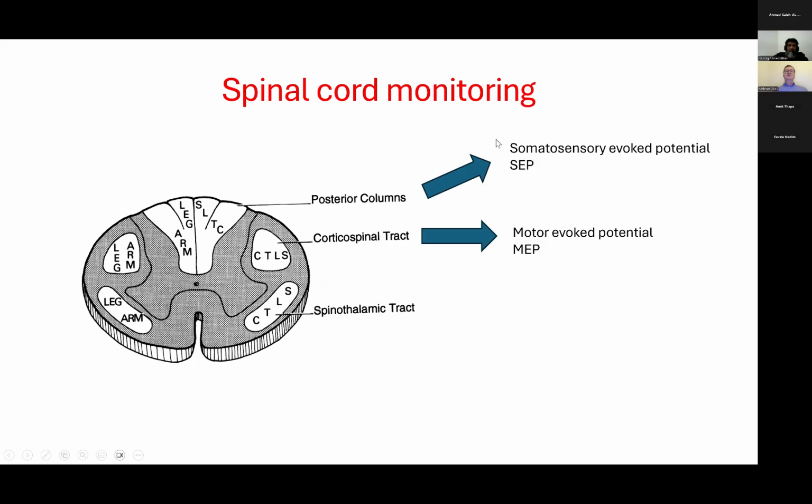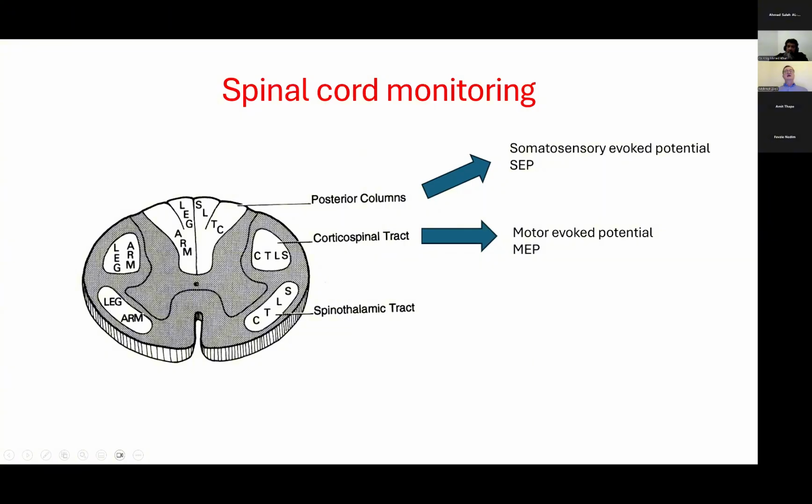There are also some others, but I will mention two of them. One is somatosensory evoked potential, while motor evoked potential is a function of the pyramidal tract. Somatosensory evoked potentials are elicited by median nerve or tibial nerve stimulation from the sensory cortex by averaging the potentials.